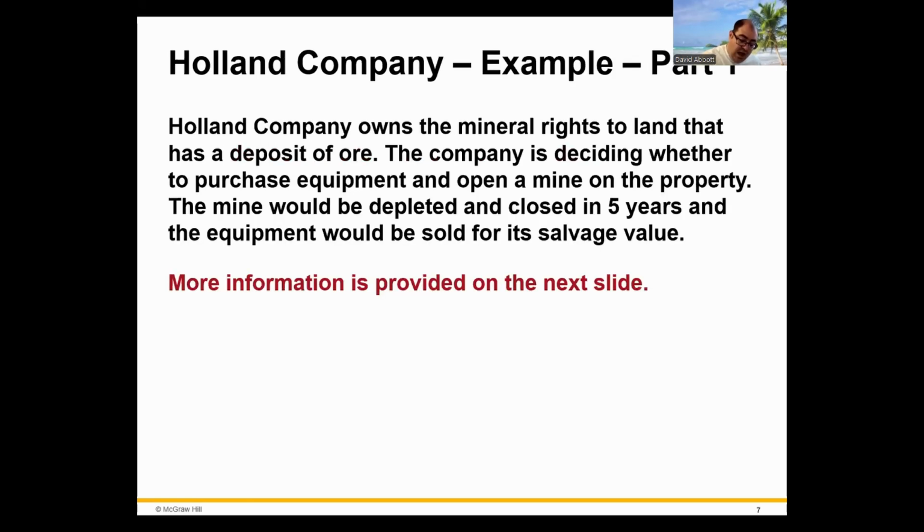So we'll look at an example, income taxes and net present value analysis. Holland Company owns the mineral rights to land that has a deposit of ore. The company is deciding whether to purchase equipment and open a mine on the property. The mine will be depleted and closed in 5 years, at which time the working capital would be released and redeployed by the company.